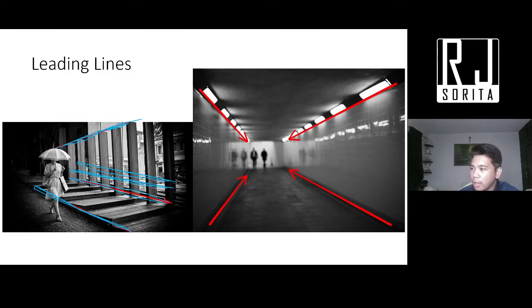The image on the right too uses leading perspective lines. If you know what perspective drawing is, it has a vanishing point. So the lines lead to a central point, which is this one, where the person is, where the subject is.